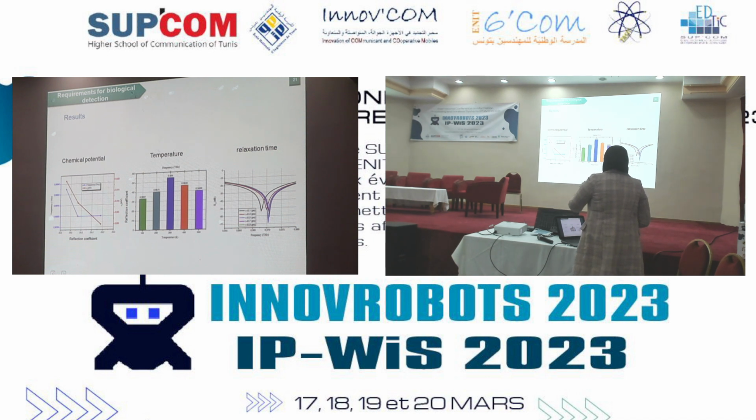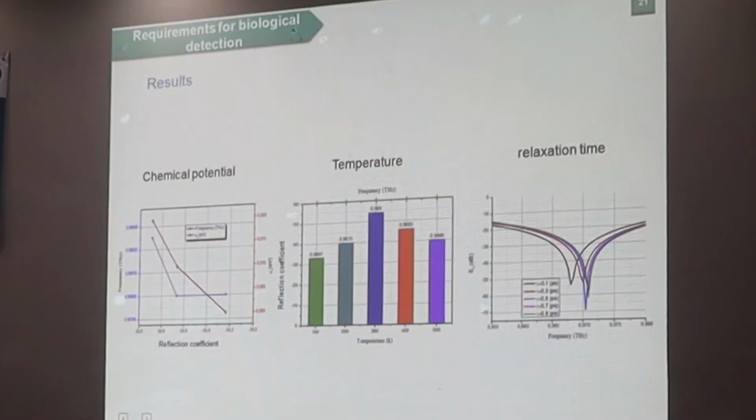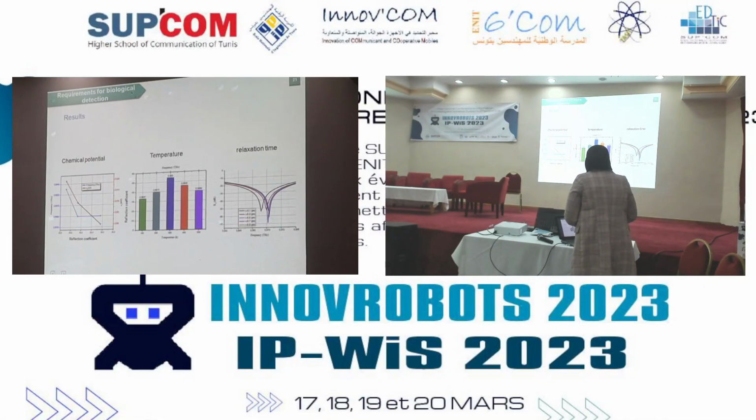In these results, I have chosen the chemical potential of 0.02 electron volt, the temperature of 300 Kelvin, and the relaxation time of 0.5 picosecond, and it gave us an adaptive prototype in frequency.